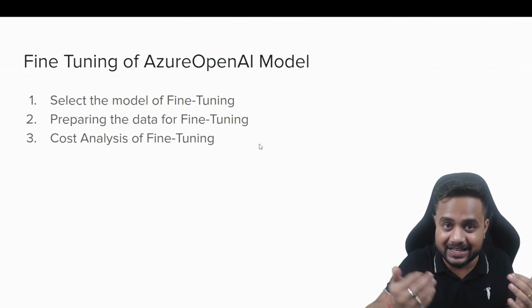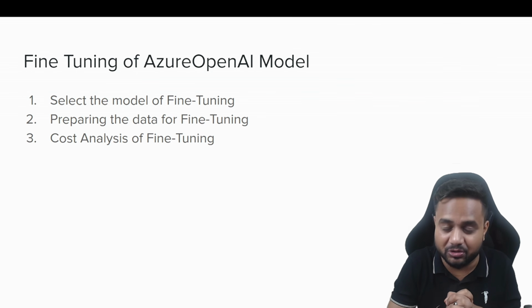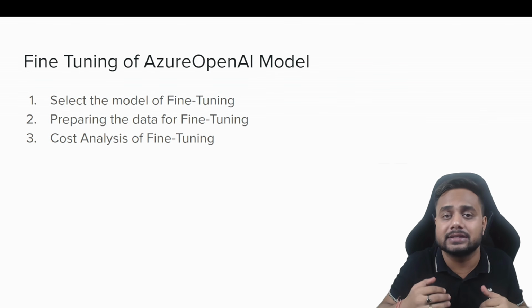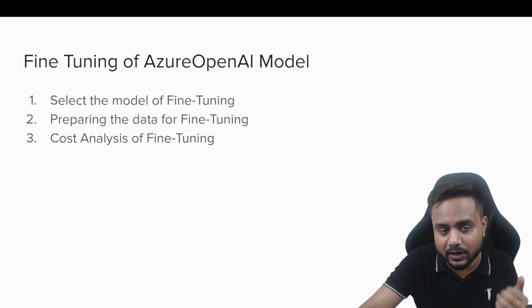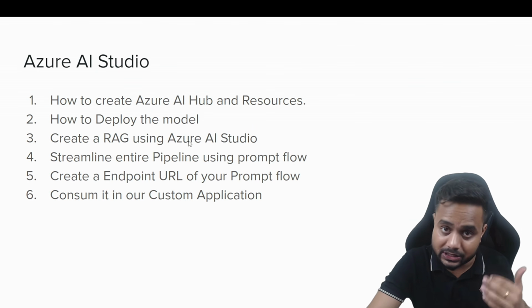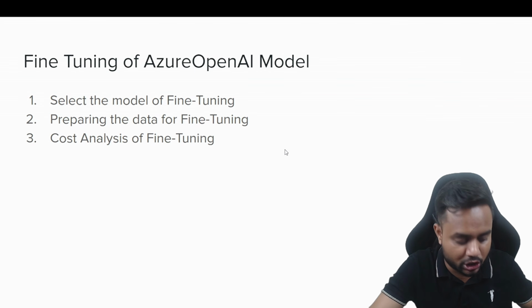Here I will be doing the cost analysis, and on top of it I will be performing the fine tuning, because the cost of fine tuning is very high and it takes a lot of time as well. So definitely I will be guiding you on this. Finally, we'll be starting with the Azure AI Studio. So let's start with the fine tuning.